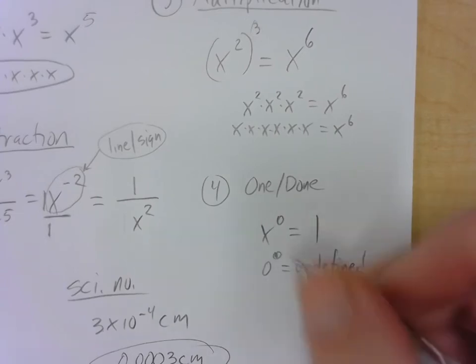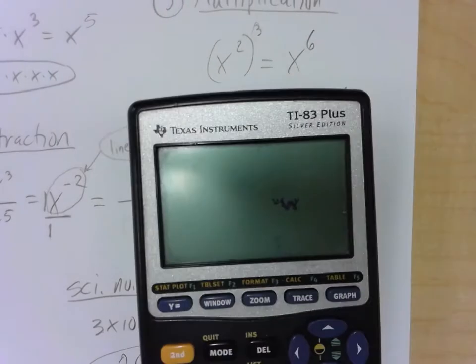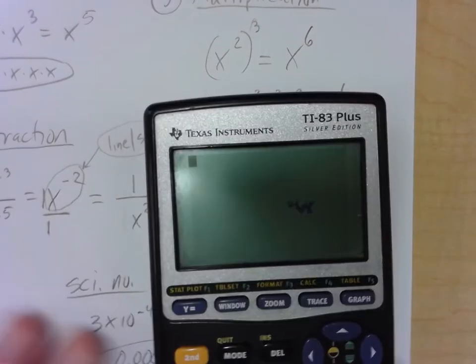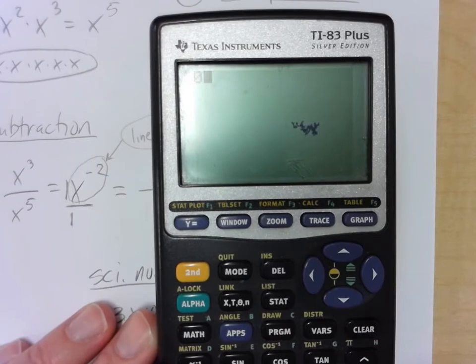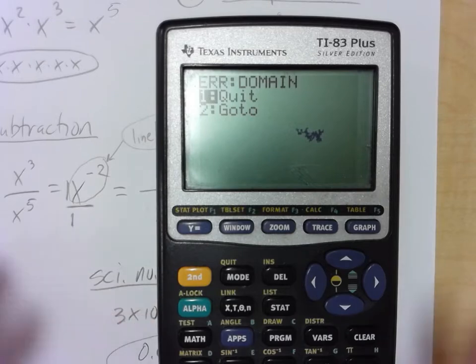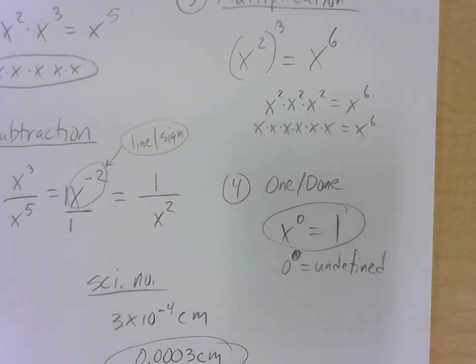In fact, if you try and type it into a calculator, you have 0, and you raise it to the 0 power, you get error. It don't work. So there's the one and done rule. Anything to the 0 power is 1, except for 0 to the 0 power, which is undefined.